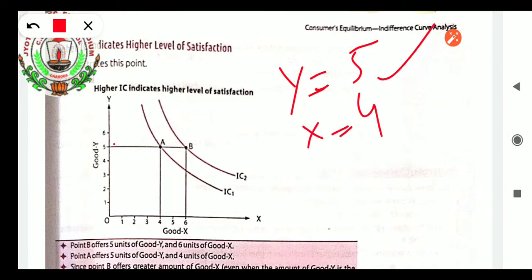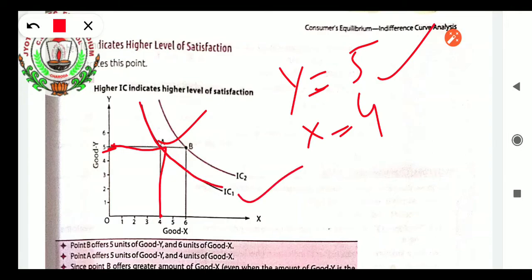So here we dotted 5 and here we dotted 4, and we connected these two lines and got point A. After that, the indifference curve which we got is this one. Now it is clear: IC1.